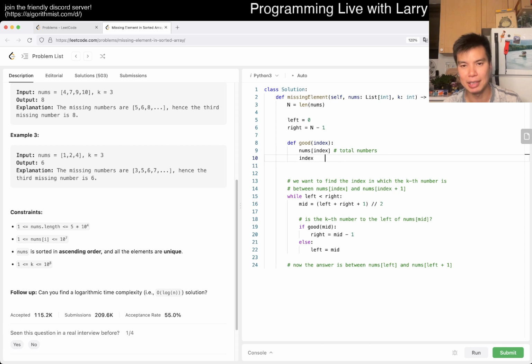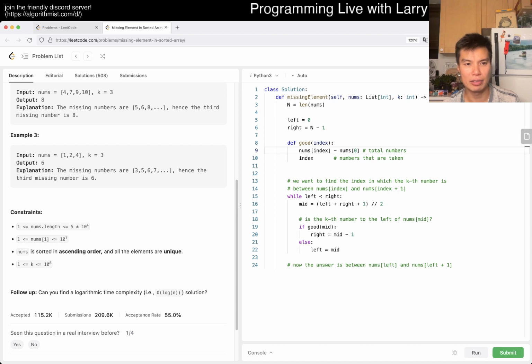Index is the number of numbers that are taken, and this is actually not quite right. It is actually this minus num sub 0, right? Because basically this is saying that there are 3 numbers between 1 and 4. It's not quite right. Let me think about this for a second.